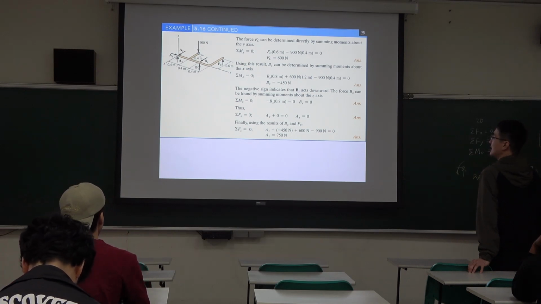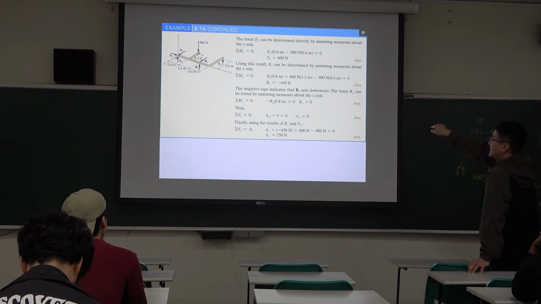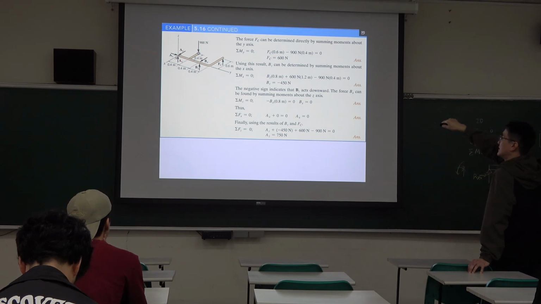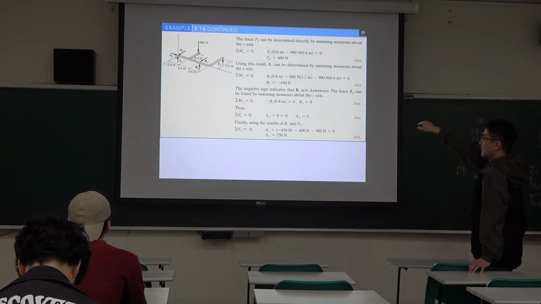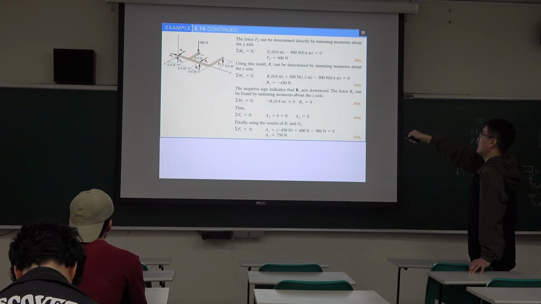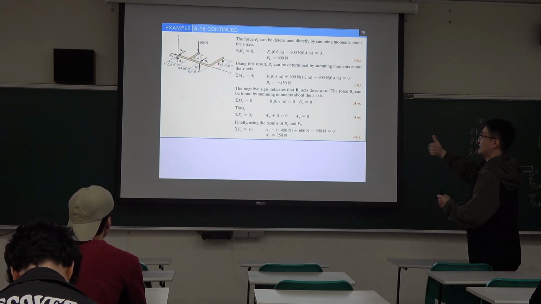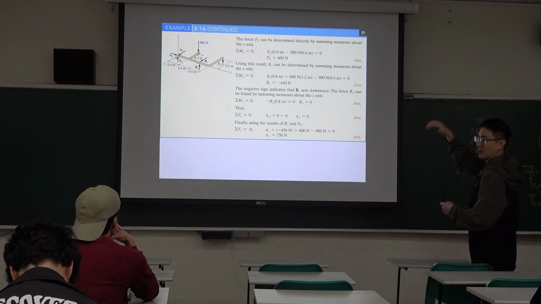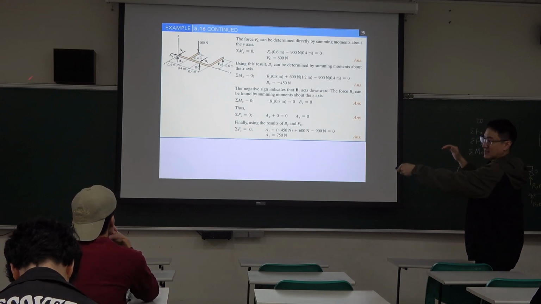Okay, then we know FC, and we can take a moment for the x-axis, which is here. So we don't need to consider AX and AZ. And also for the x-axis, we don't need to work out BX as well, because BX bending moment is for the z-axis, but our consideration is the x-axis.